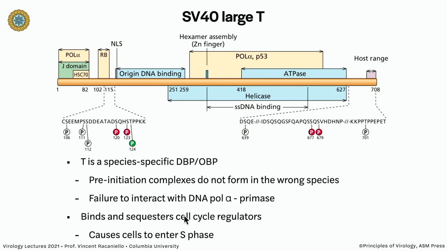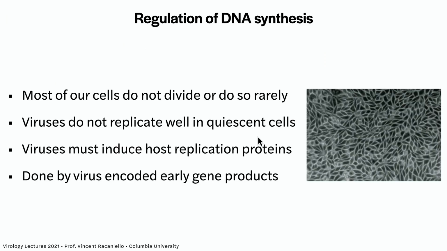Large T also binds and sequesters cell cycle regulators and causes cells to get into S phase. So what's that about? Let's talk about that now, and that's going to involve this little piece of large T that binds RB. Most of your cells in your body do not divide, or they do so rarely.